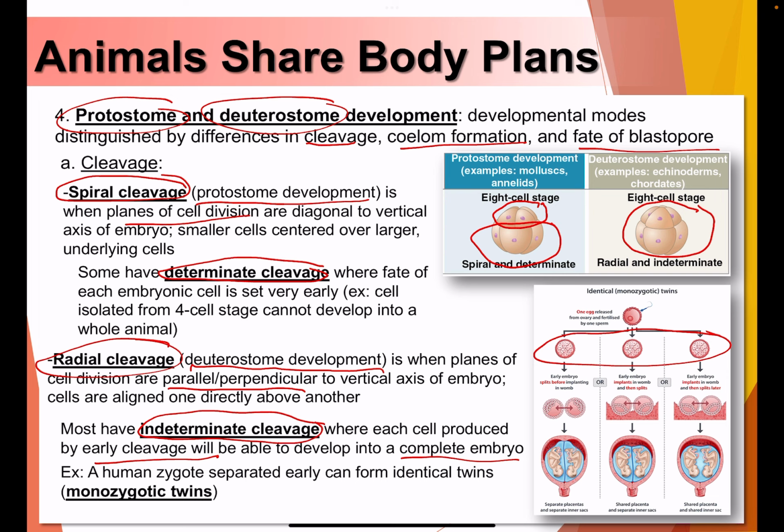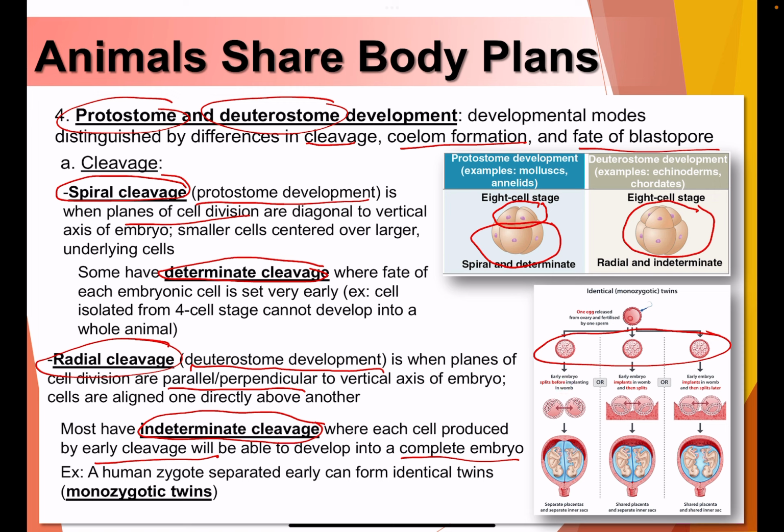Depending on how early it splits, sometimes the embryo can implant into the womb and then split within the uterine wall. That's when you can have identical twins that are in different amniotic sacs and also supplied by different placentas, versus different sacs but still sharing the same placenta, or identical twins that share the placenta and the amniotic sac, depending at what point the early embryo started to split in development.